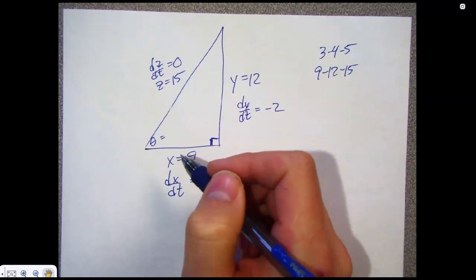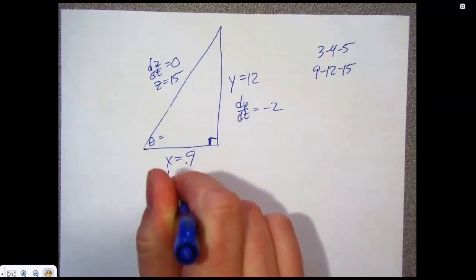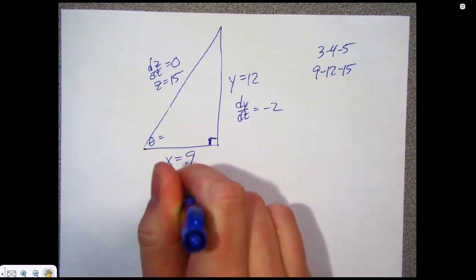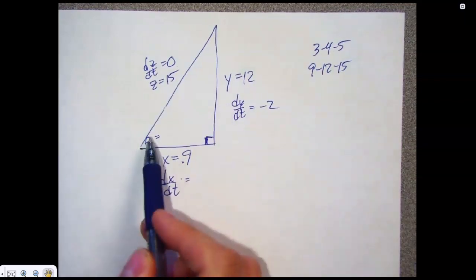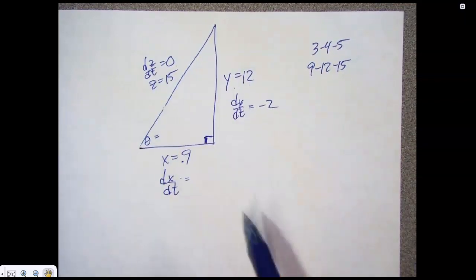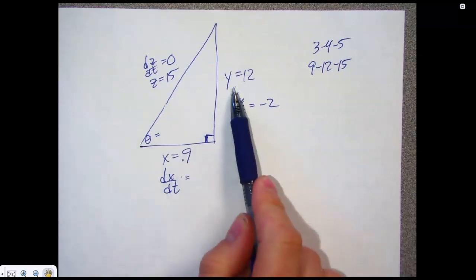Okay, so I don't know dx/dt, so I don't want my x involved. So I want to use the y and the z, and if I'm at this angle and I want to use the y and the z, what trig function is that? Sine, right? Because I know the opposite and the hypotenuse.